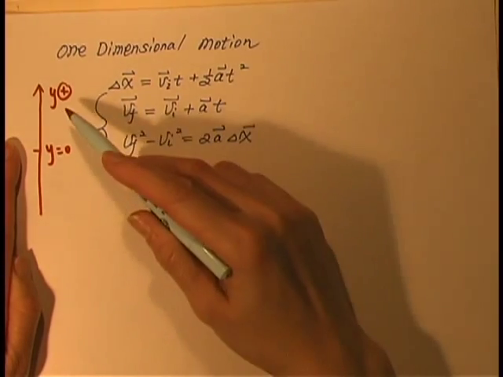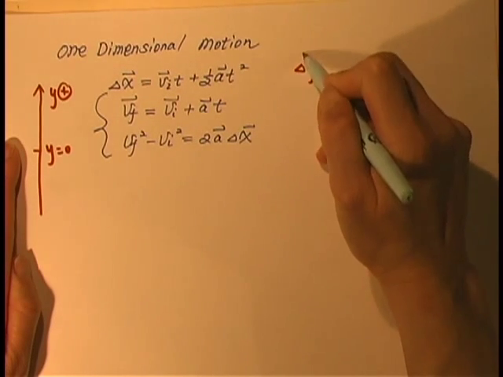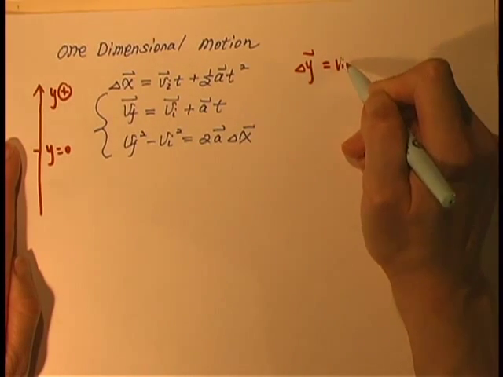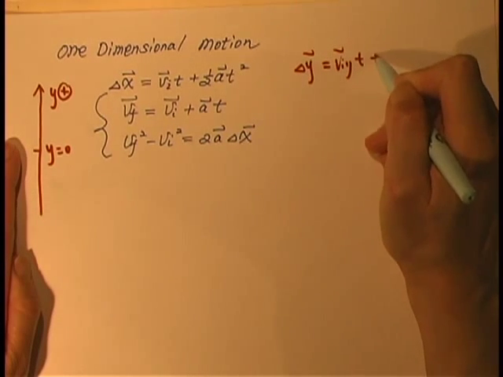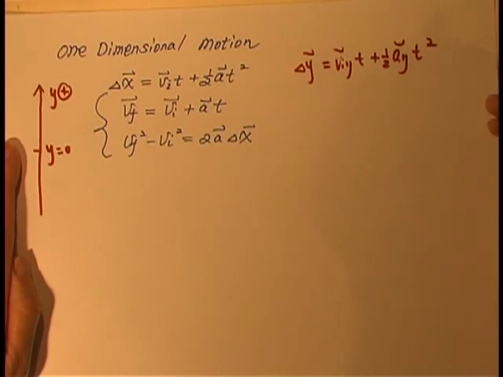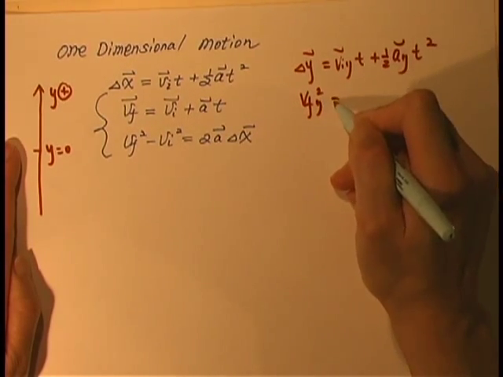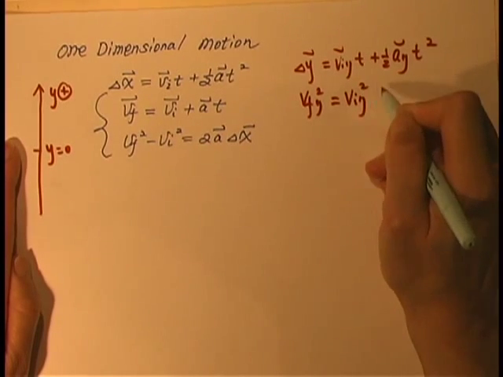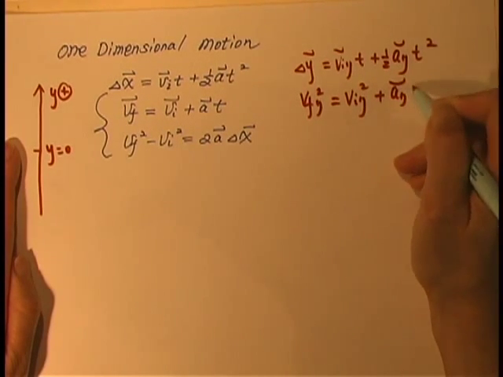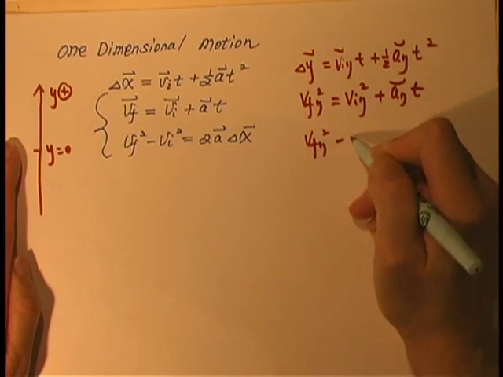When we apply these equations to the y direction, we better write delta y equals v initial y t plus 1/2 a_y t squared. So we just translate everything to y. V final y squared equals v initial y squared plus 2 a_y delta y. So probably you will ask, why do we do this?